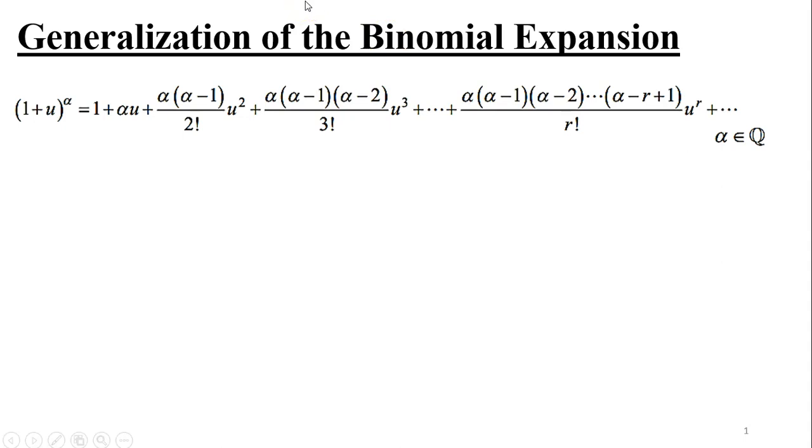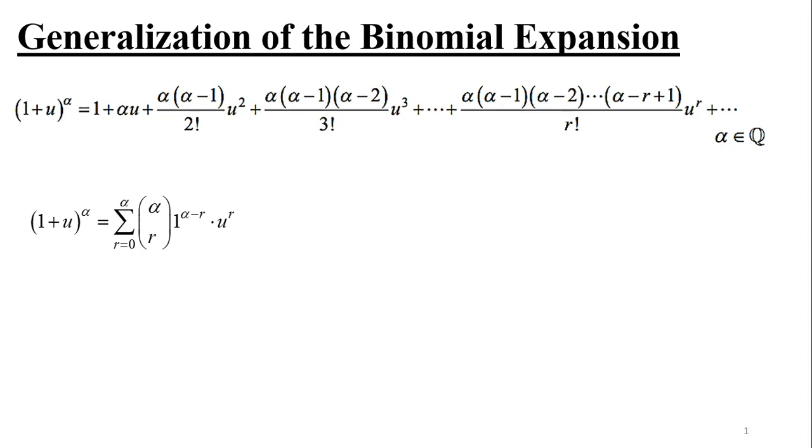Now, how is this formula obtained? If we go back to the definition of the binomial expansion that you're already familiar with, where the exponent was a natural number, this was the binomial theorem, where α was a natural number.